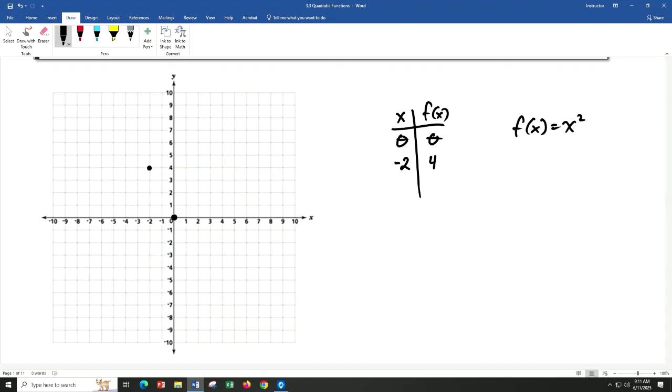Don't I have another number automatically? I'm gifted. What? 2. 2 to 4, because a quadratic function is what? It's a mirror image. You're going to learn about what that mirror image means very shortly. Okay, and now we can keep going with this, but you get the drift of it.